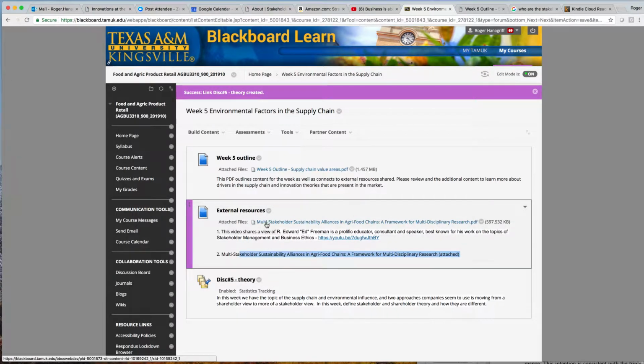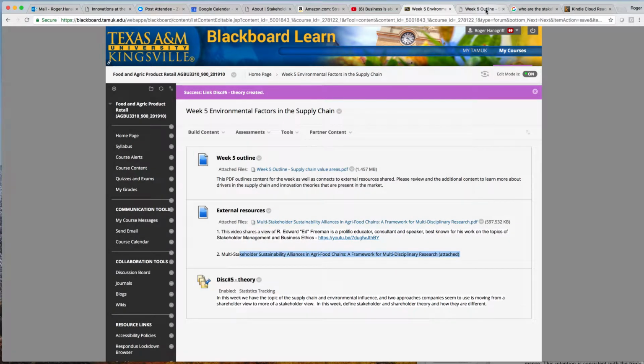The first one is about Dr. Ed Freeman, an educator who really coined this concept of the shareholder, or stakeholder, I should say, value. Also this week is an International Food and Agricultural article on multi-stakeholder sustainability. So it's another concept of this stakeholder theory. That's plugged into this week.